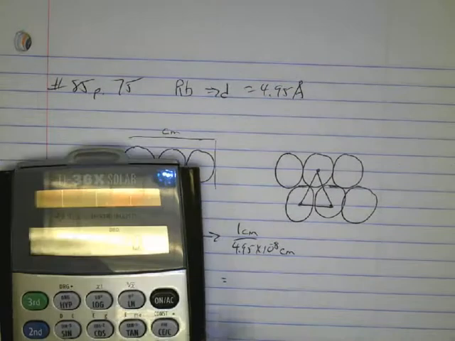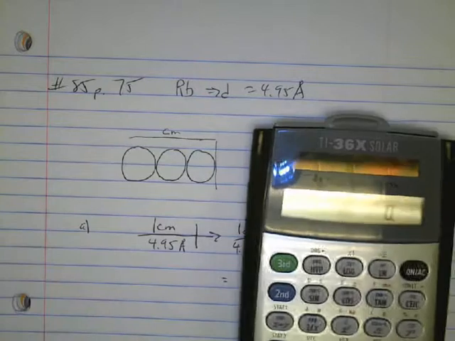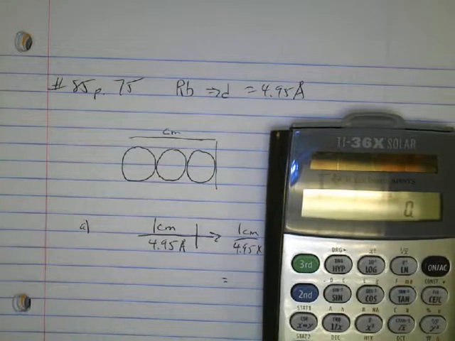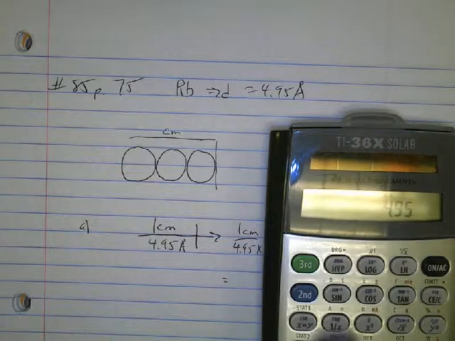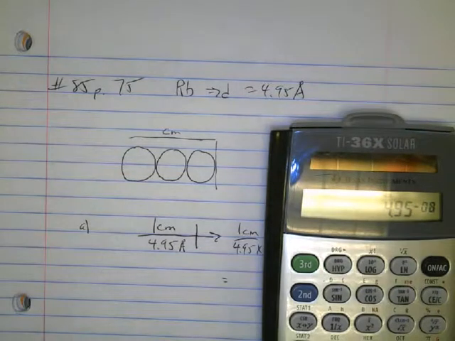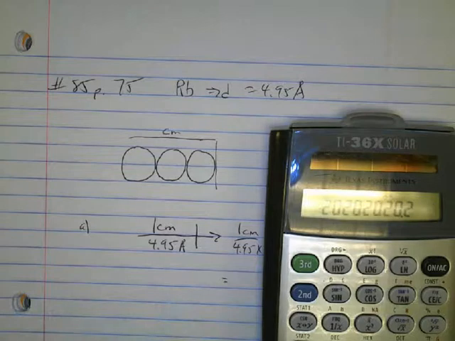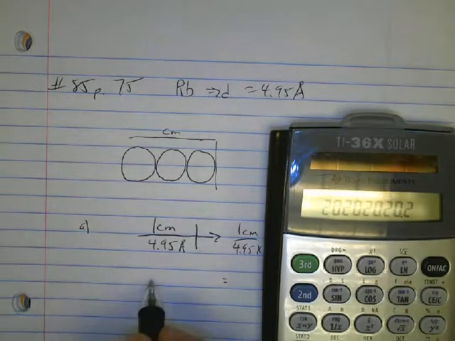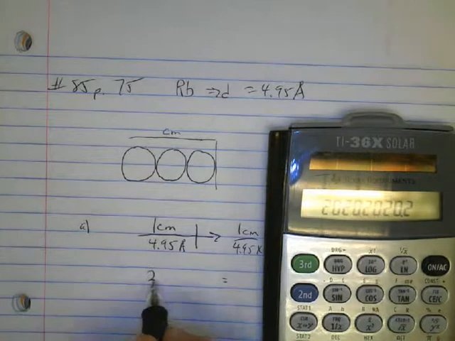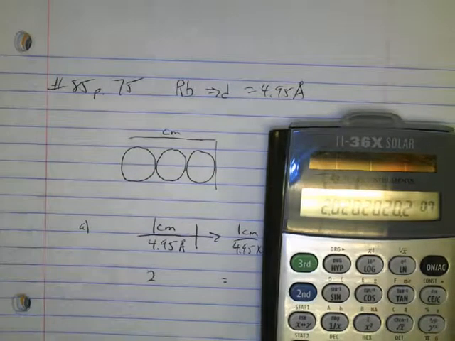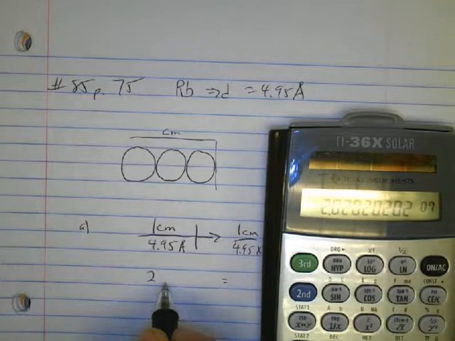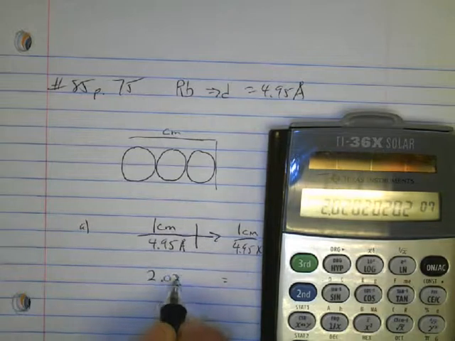Across, of course, this is a square, so we're going to square it. I hit the squared button, and there's my answer, 4.08 times 10 to the 14th atoms. Realize, though, that for significant figures, for some reason the back of the book rounds it to 2 significant figures.